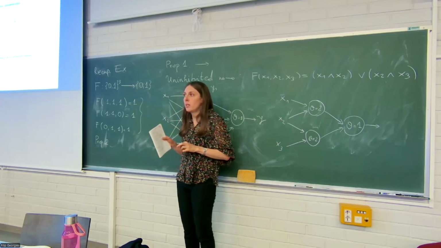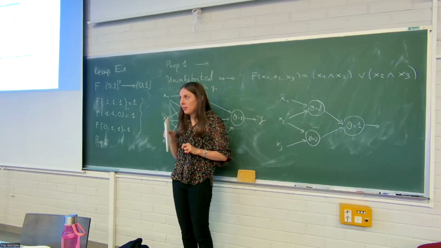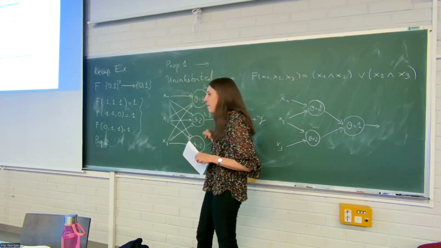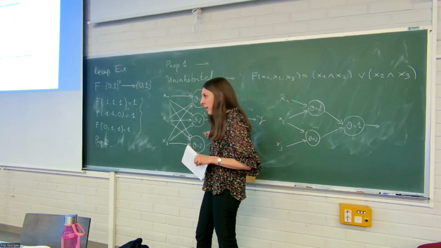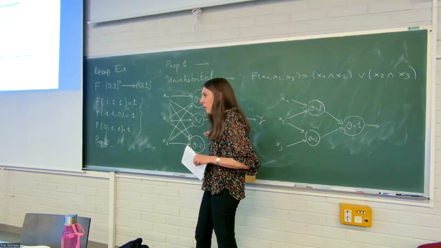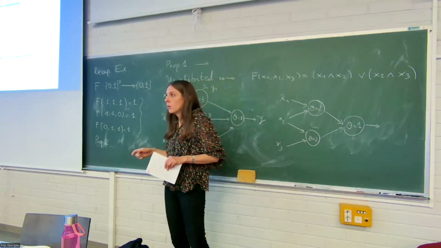Okay. I think the normal form that I was mentioning last time gives you a different network here. But if the function is not monotonic, I think you can still compute the normal form, and you get something else.